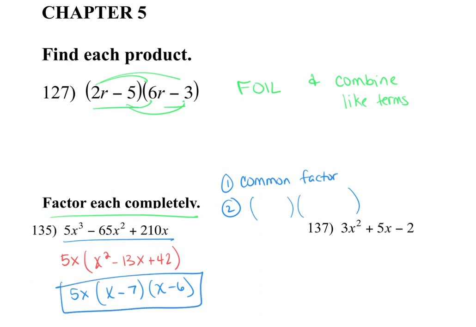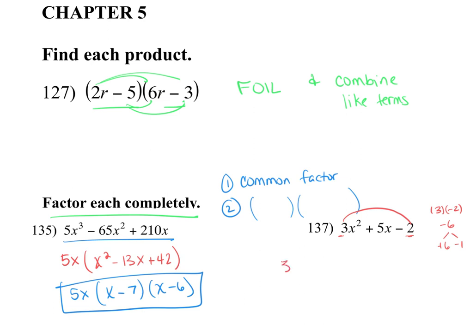If you take a common factor out, it needs to stay there. It needs to stay in front. If, though, when you take your common factor out, or let's say it doesn't have one, and you have a coefficient here in front of that x squared, that's when you want to multiply across. 3 times negative 2 is negative 6. Factors of negative 6 that add to give you 5 are positive 6 and negative 1.